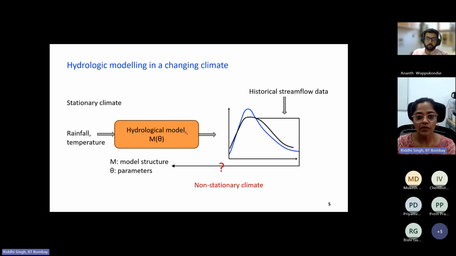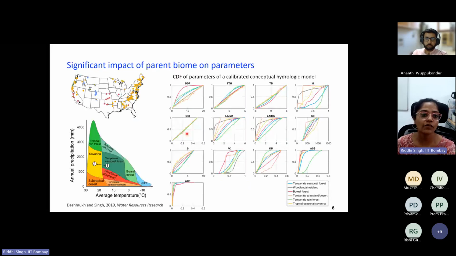So there is now work ongoing on how to fix this, because climate is changing. We cannot use historically calibrated parameters anymore, or can we use them, under what kind of conditions can we use them? So one of the things that I've been working on was how to answer that question.